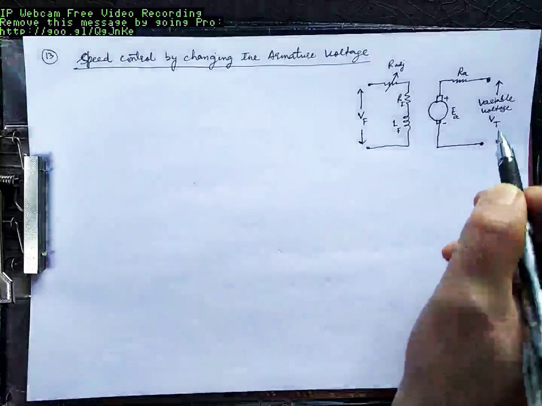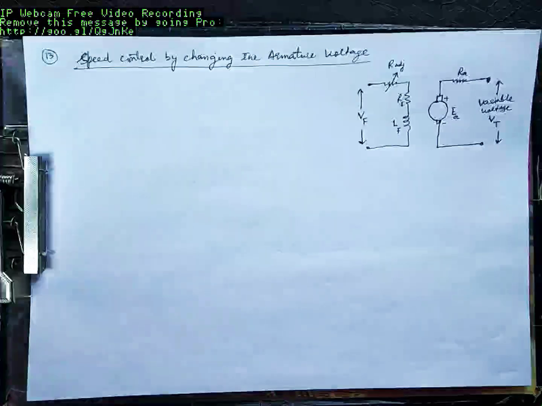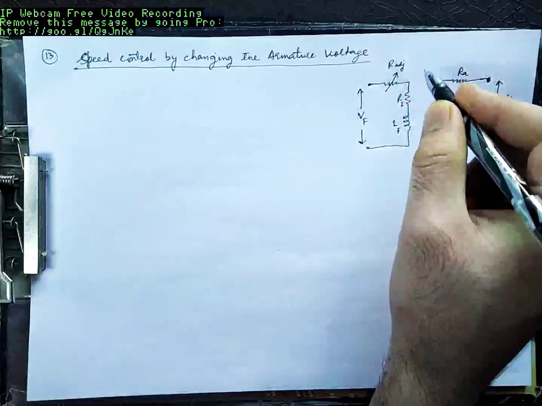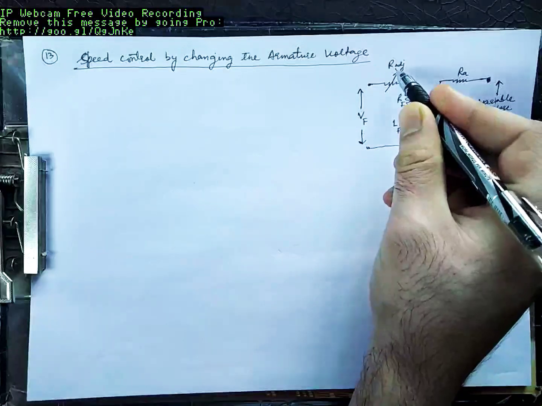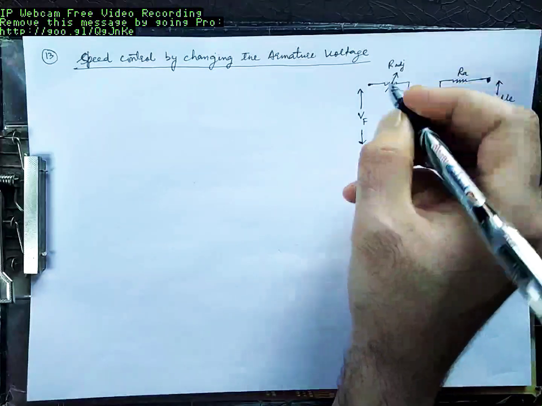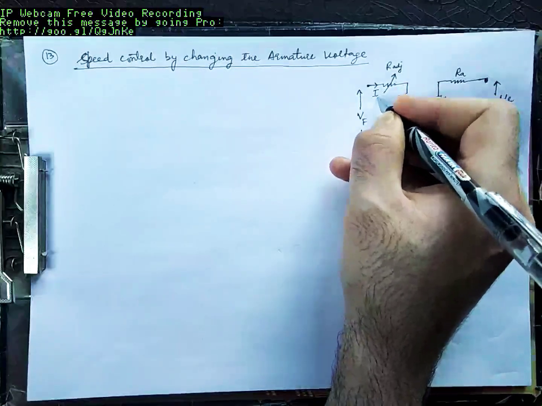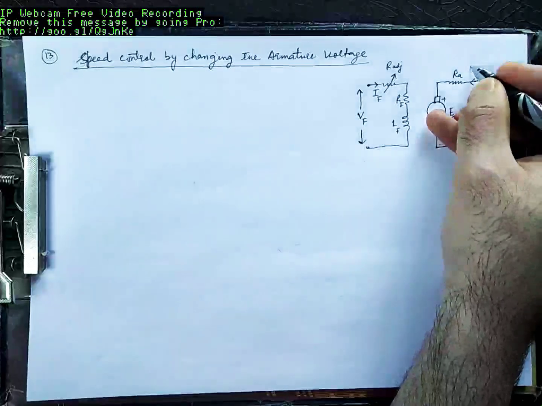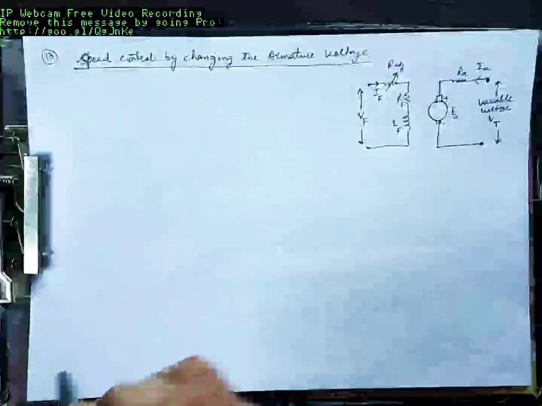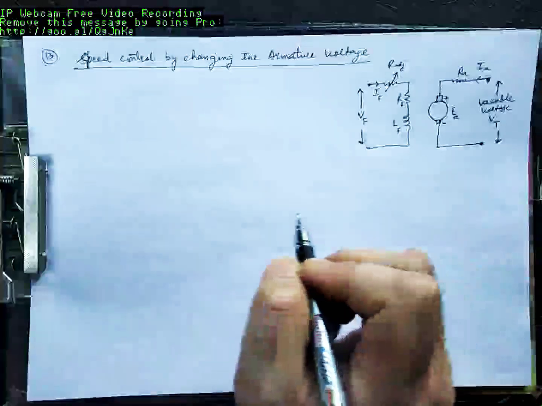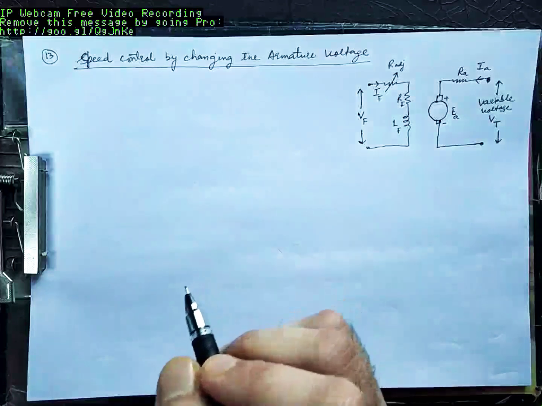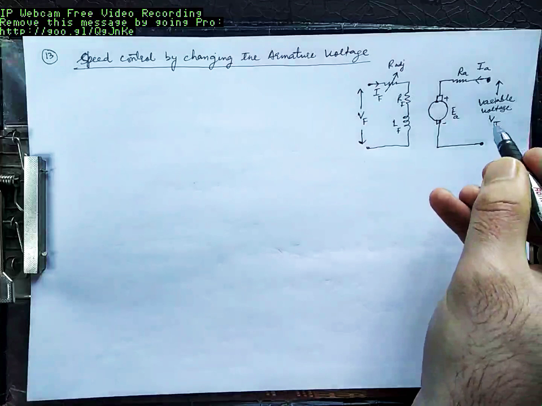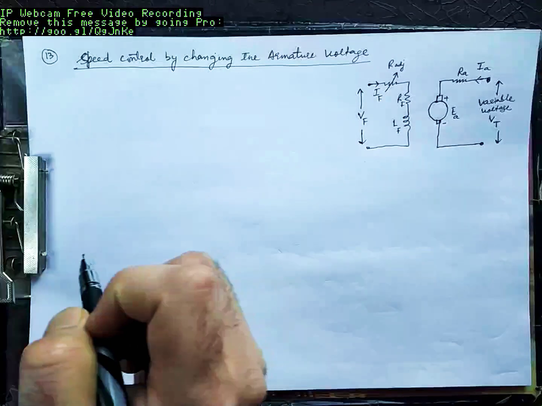Let us suppose I decrease this terminal voltage. I am not changing the field circuit at all. That means field voltage is constant, field resistance is constant, so field current IF is constant, so field flux is constant. We are not changing anything with the field circuit now. Now in this case, let us suppose I am decreasing this terminal voltage VT.